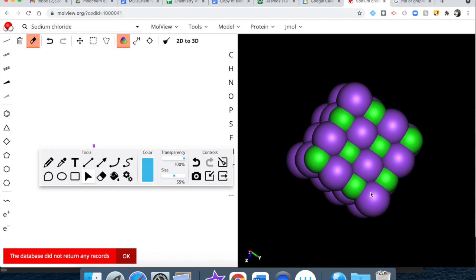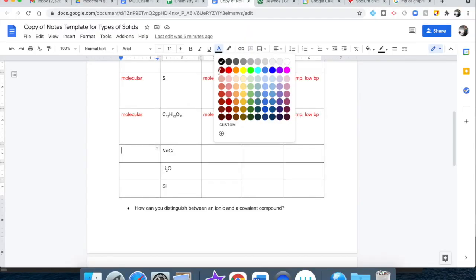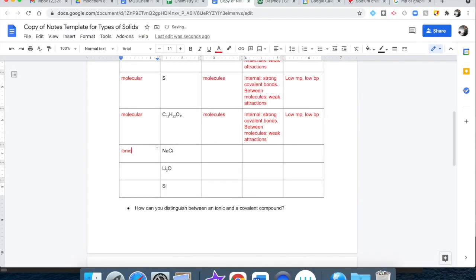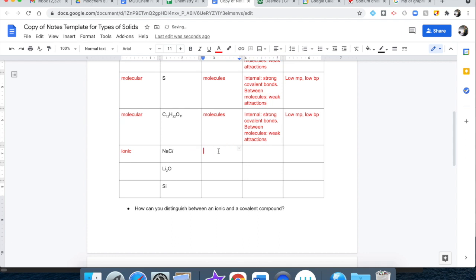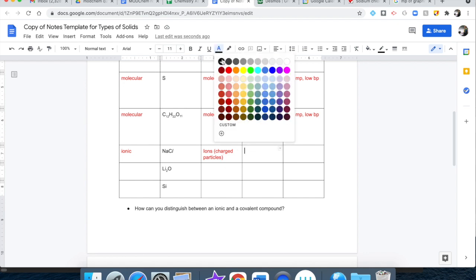Let's go back to our note sheet. So sodium chloride is an example of what we call an ionic solid. What's at the locations is no longer molecules or atoms, but ions. So these are charged particles. Things that used to be atoms, but have either gained or lost electrons to become charged. What holds the whole structure together?